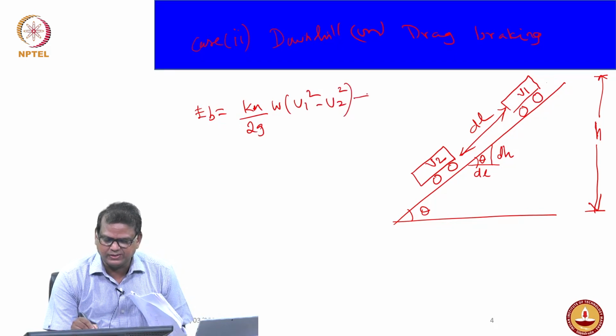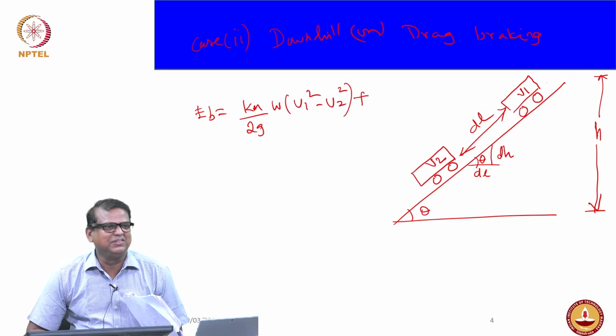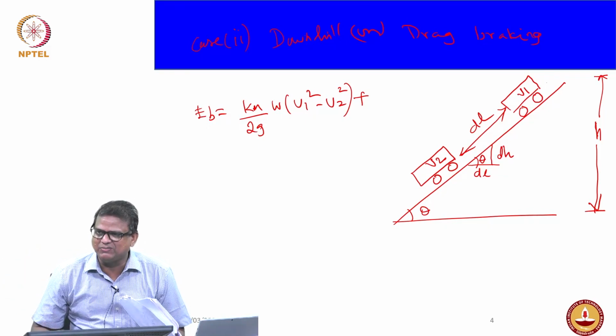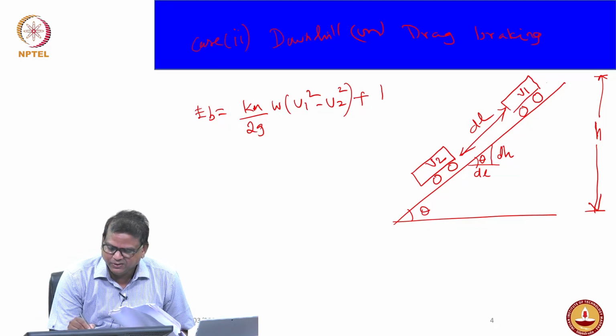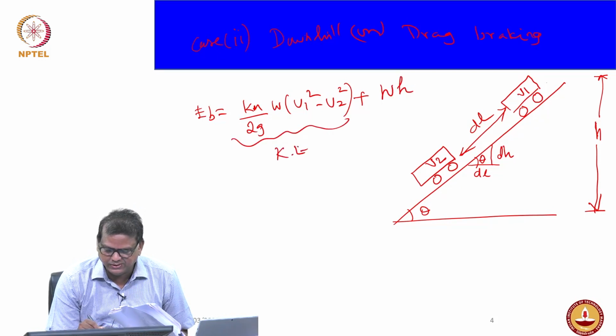This is the kinetic energy. Anything else do you expect when the vehicle moves downhill? It's moving, so potential energy also comes into the picture. The potential energy is from the vehicle weight and the height. So this is your kinetic energy and this is your potential energy.